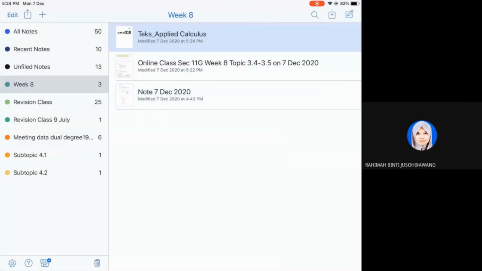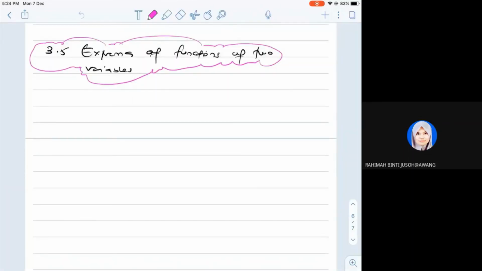Okay, so let me explain to you in detail the step-by-step how to find all the relative extremum of functions of two variables. First step, copy this down.